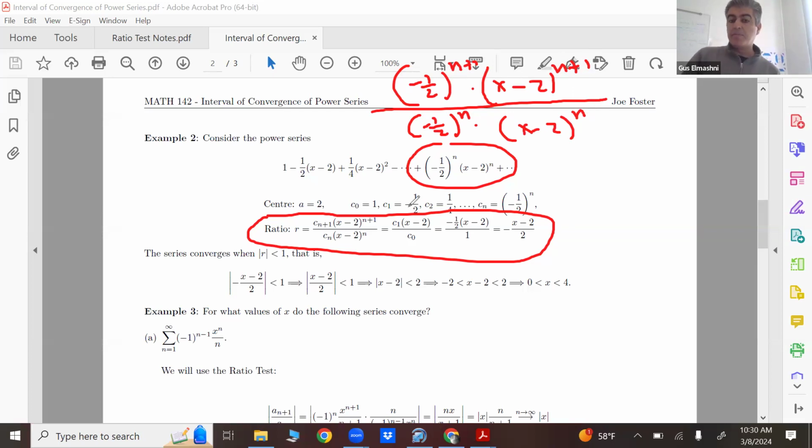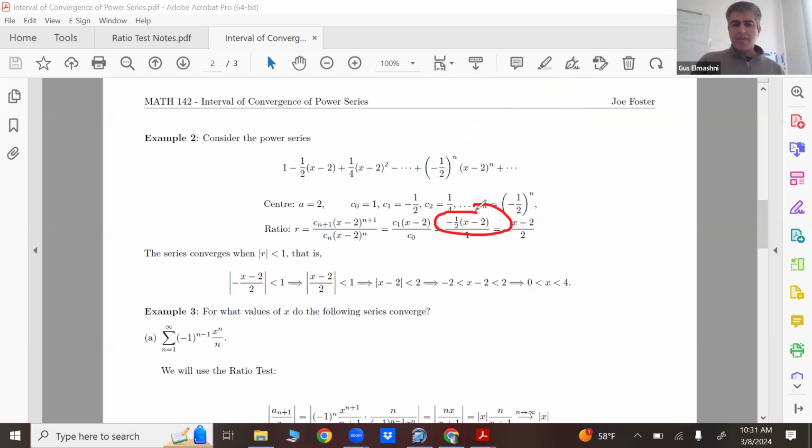That's essentially what they did there. Well, we divide these two together. (-1/2) to the n plus 1 over (-1/2) to the n, how does that reduce? We have just -1/2 because the n's cancel, right? What happens with (x minus 2) to the n plus 1 over (x minus 2) to the n? That produces x minus 2. So you're left with just -1/2 times (x minus 2).